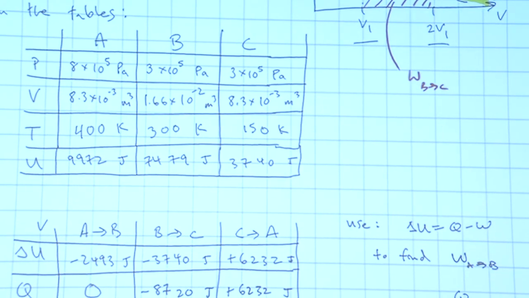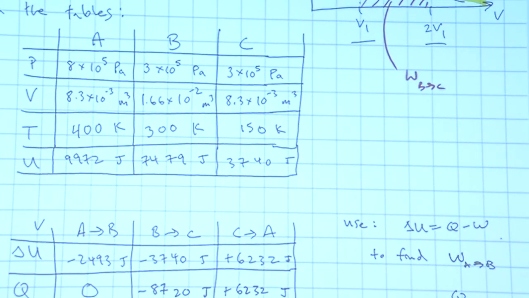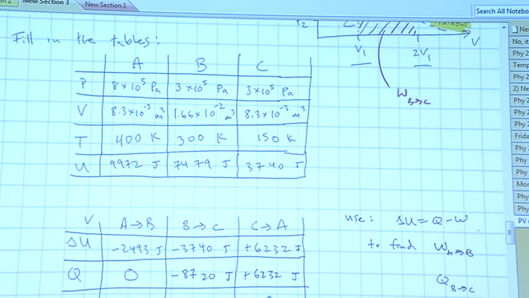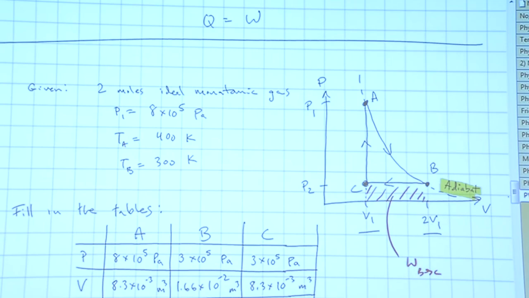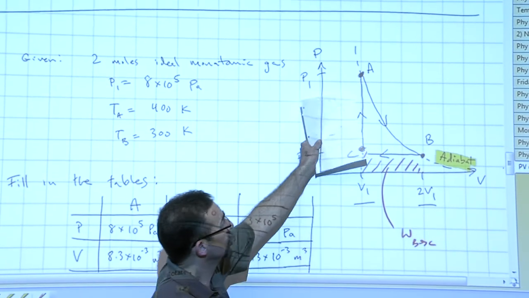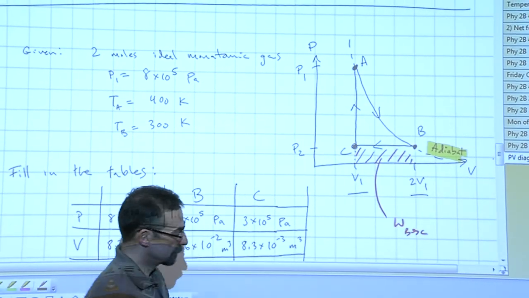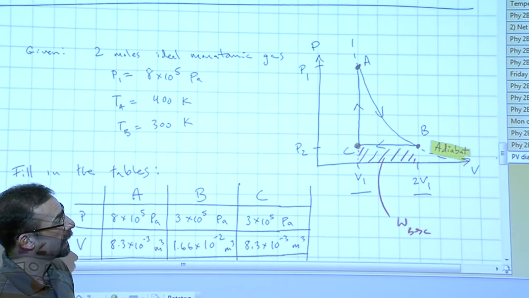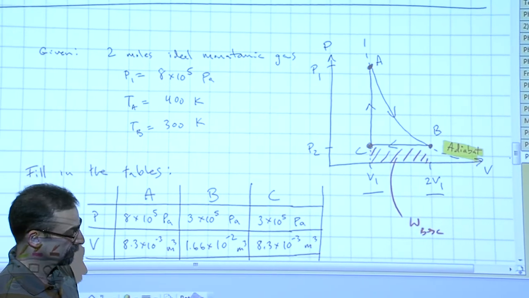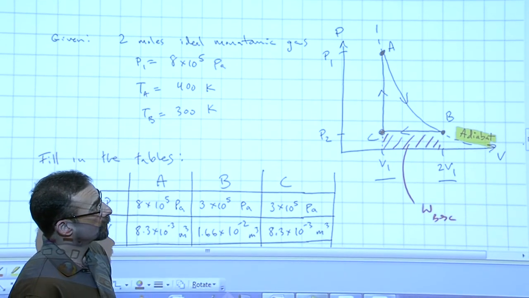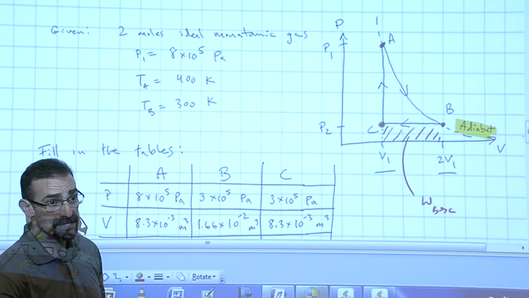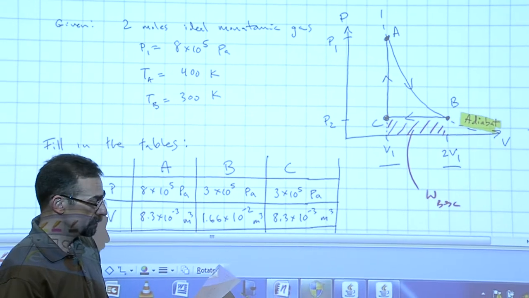Okay, so in going from A to B, the system, the gas, did positive work. And if it does positive work, we would expect the energy of our system to go down, delta U to be negative.